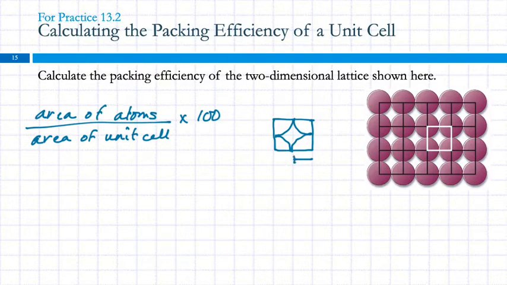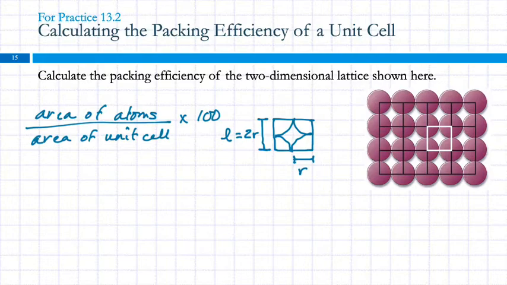So we can label the radius as R, and then the edge length, L, is going to be equal to 2R, right? Here's 1R and 2R. So what's the area of the unit cell? What's the area of a square?